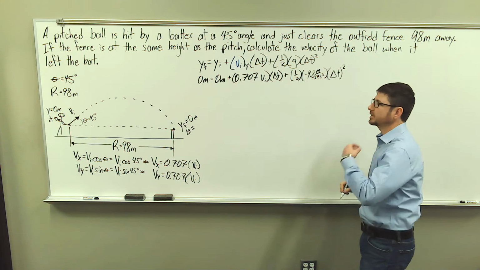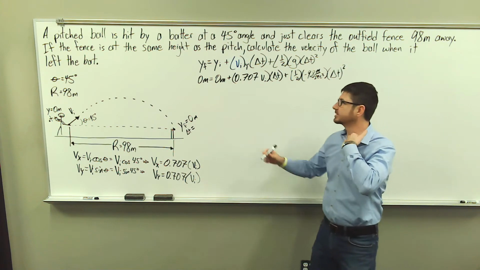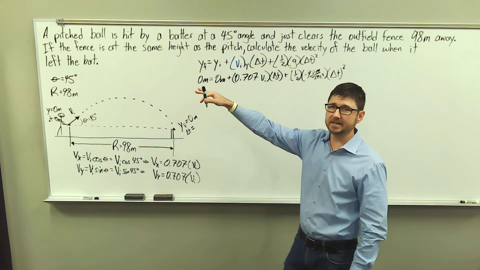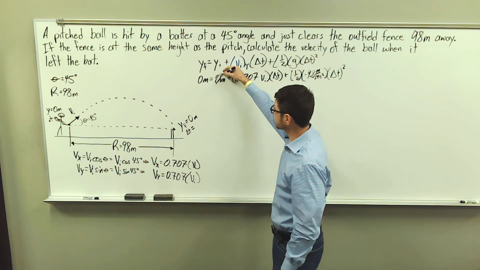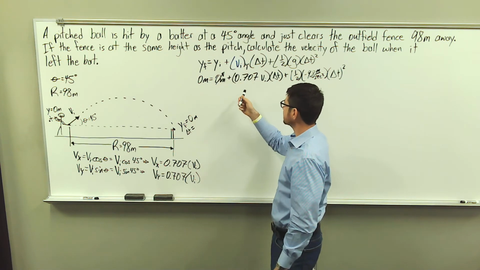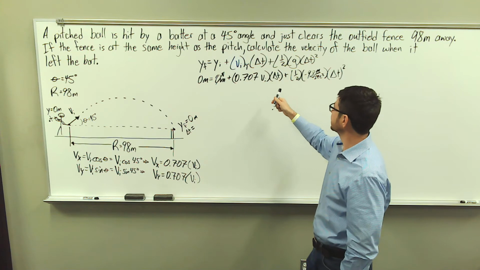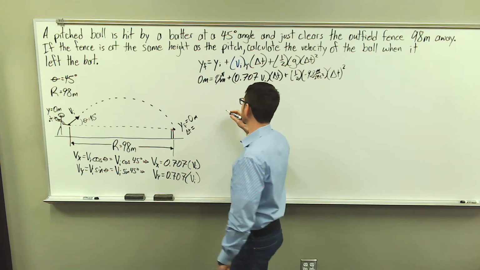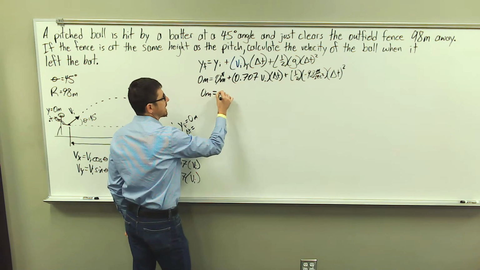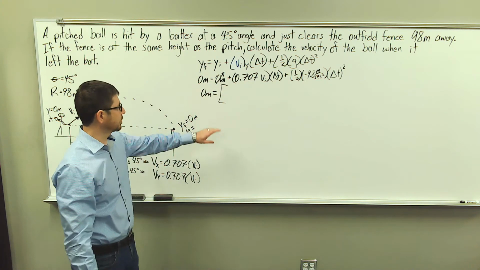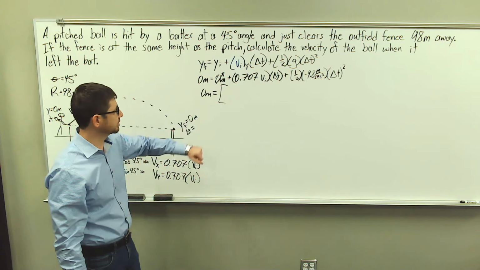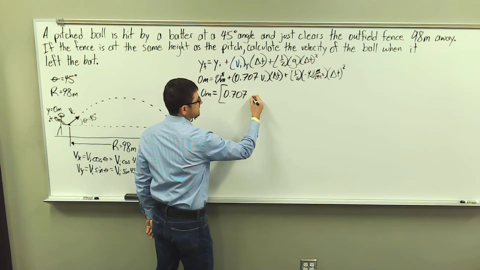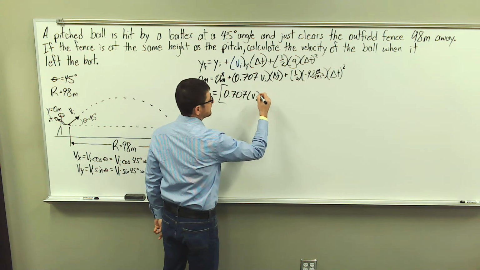Now what we can do is clean this up a little bit. Just to make this really clear, I'm going to leave the 0 meters on the left side of the equal sign. Right here, we're going to get rid of this 0. And we're going to factor a delta t out of this. So I'm going to say 0 meters equals, and I'm going to use my hard brackets so I know that I'm factoring a variable out here, 0.707 times v sub i.